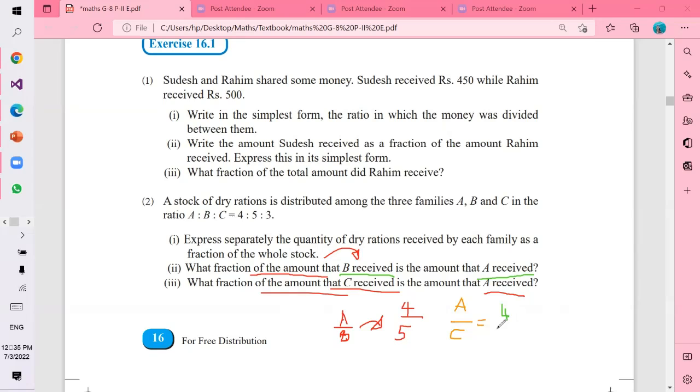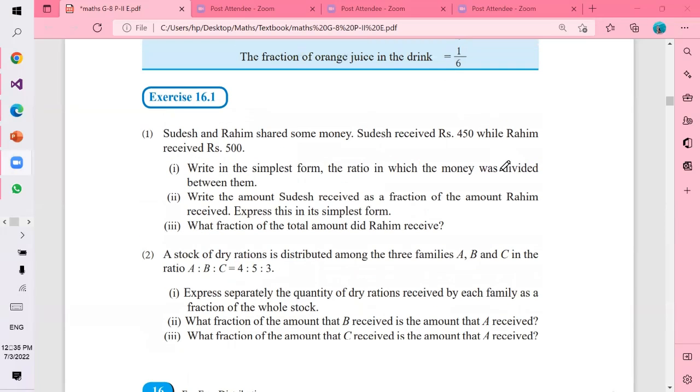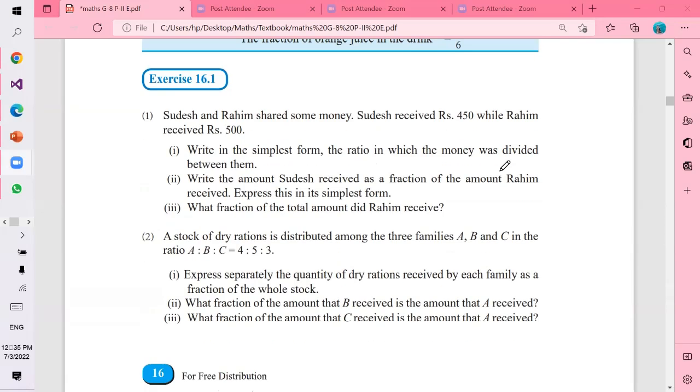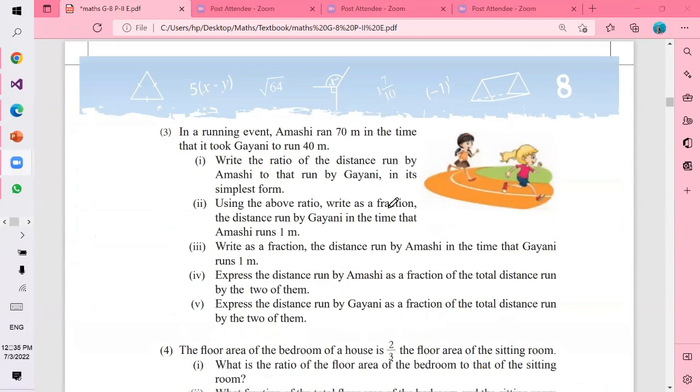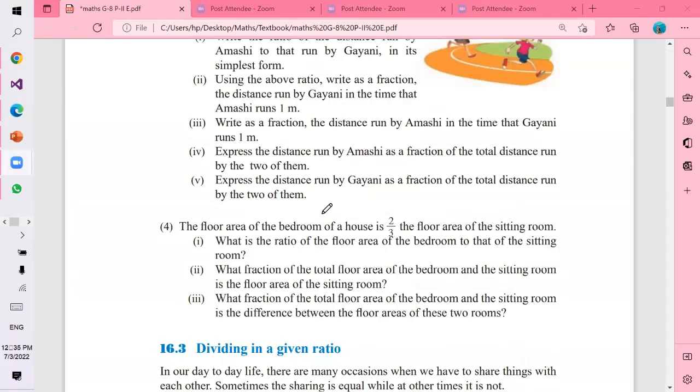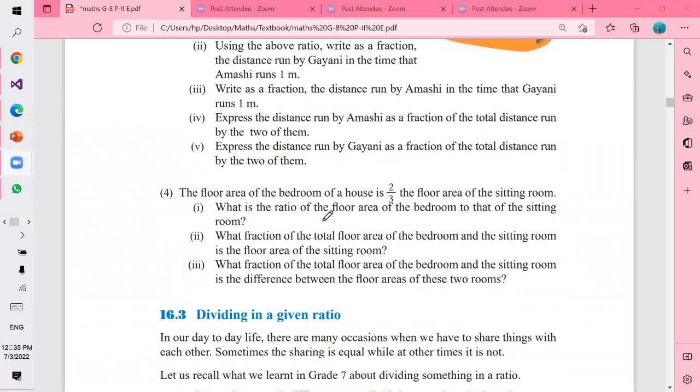So I hope you got what is actually meant by converting ratios into fractions. Did you understand? Yeah. Okay. So these questions look more like the same.